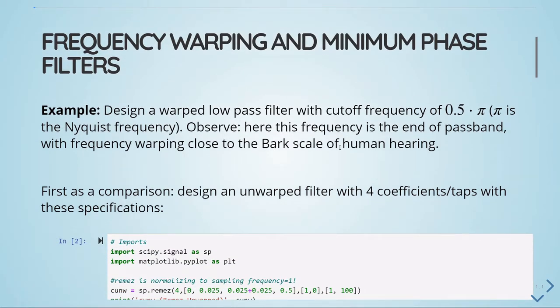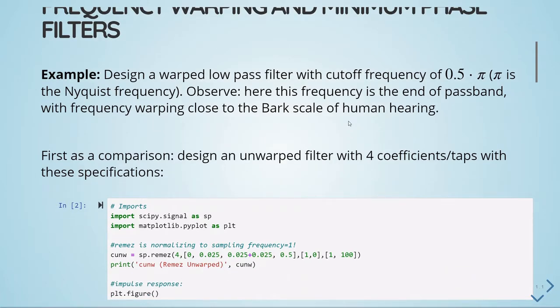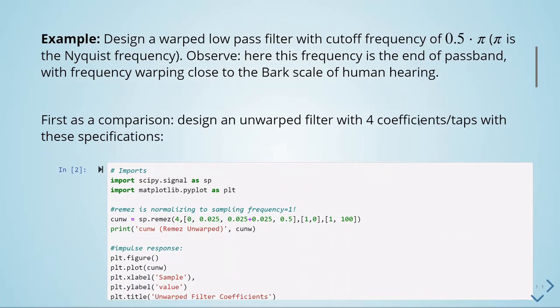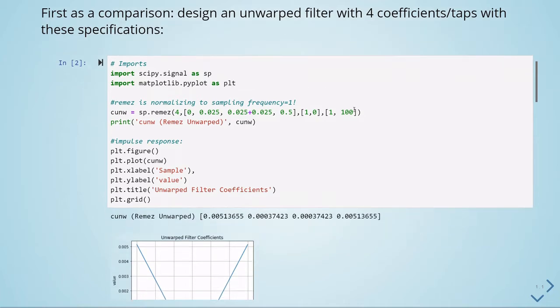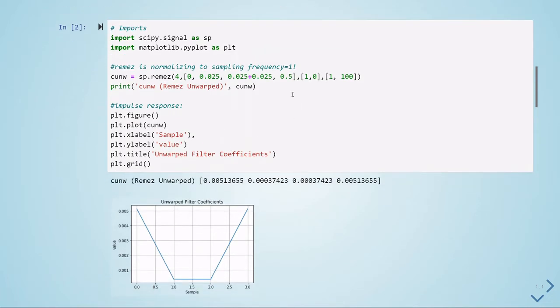Before we do this, for a comparison, we'll design an unwarped filter with 4 coefficients with these specifications. So here we are importing SciPy signal, we are importing matplotlib to plot, and here we are using the Remez algorithm. Note that the Remez is normalizing to sampling frequency equals 1, and here we will have our Remez filter.